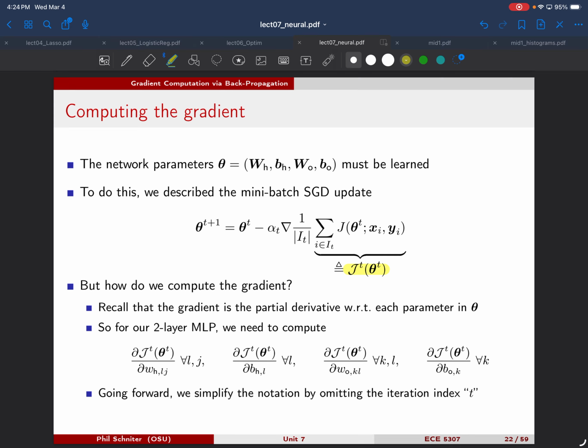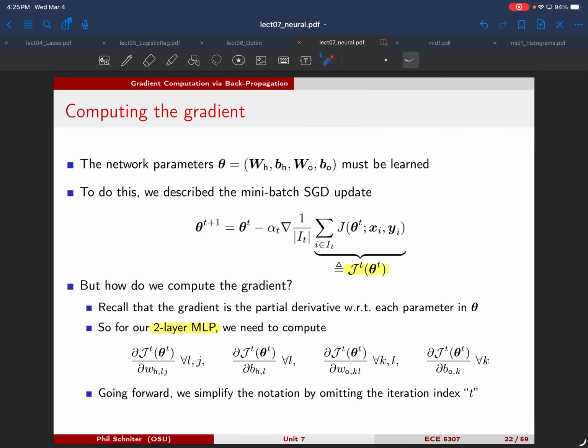We have done a little bit of this stuff in Unit 6 when we looked at exactly how we code things for logistic regression, and now we have a somewhat more complicated problem because we have these nonlinearities and a more complicated predictor function, a neural network. So for the model we're looking at now, this 2-layer MLP, these are all the things we need to compute.